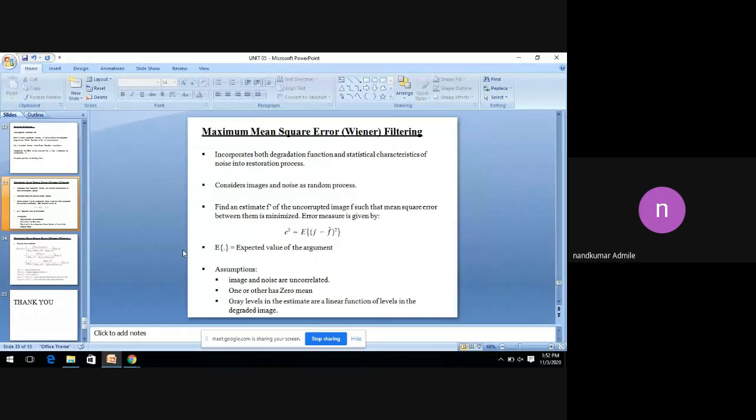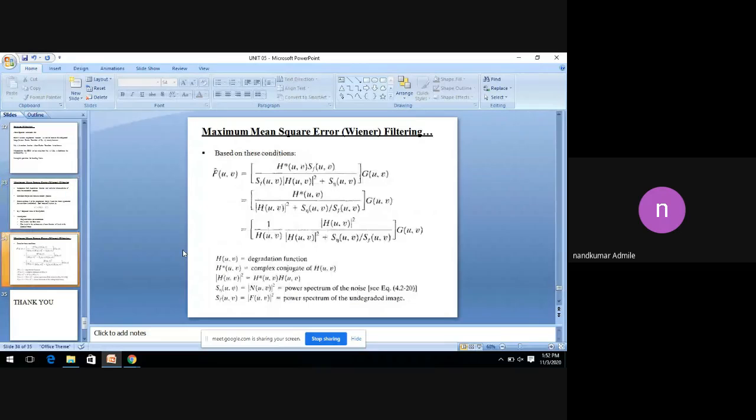That factor we can calculate in Wiener filtering. When we calculate the Wiener filtering, we have to make certain assumptions. We have to correlate the image and the noise level: how much noise is present in the image, what the noise value is, whether it is maximum noise or minimum noise. That we have to consider in Wiener filtering.